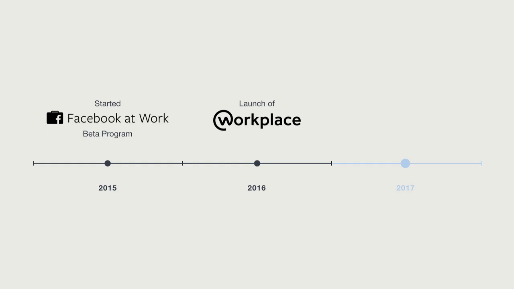Based on their feedback, we iterated on the product and made it better. And we launched it publicly last year in October for any company to sign up and join. We also added API support for Workplace, and we are launching some new features for API today. Let me walk you through our API journey before I get into the new features.